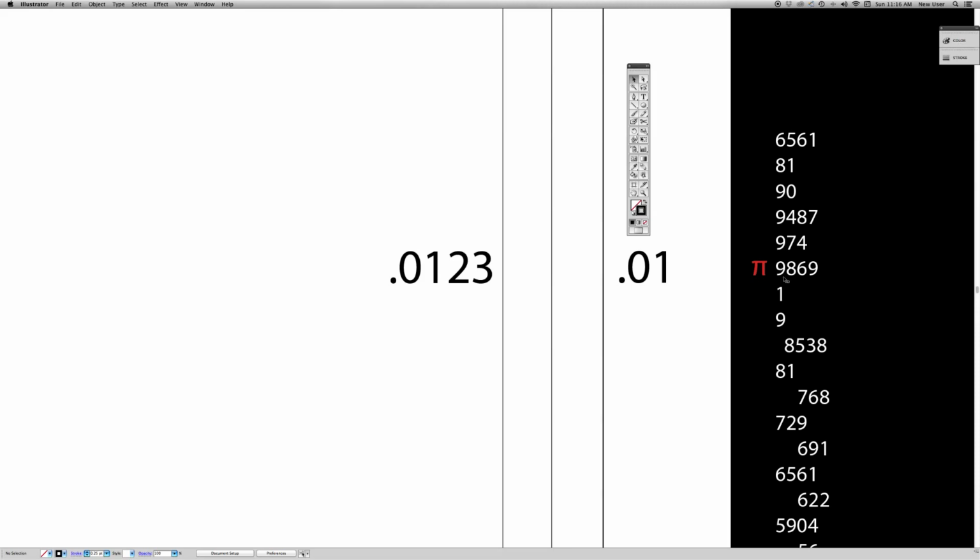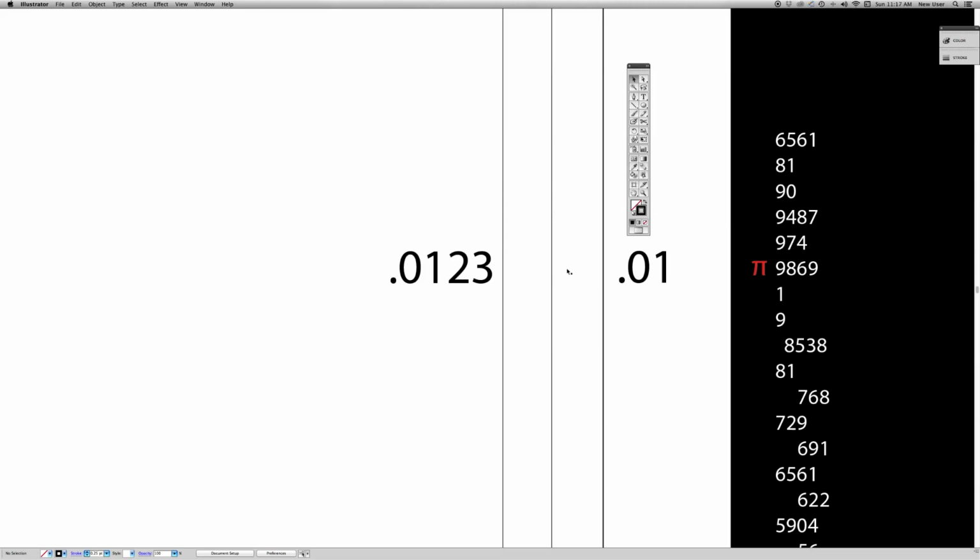down to 1.9869, which is the square of pi. So pi's in there somewhere, maybe as it relates to the area of a circle, but it's the ratio we're after, because that's the ruler, that's the measure.